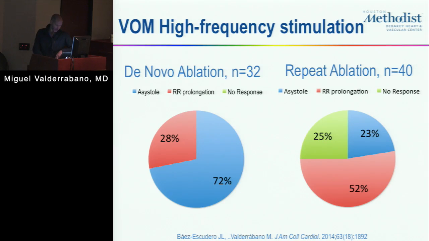So we had a similar response, less of a response in patients that had previous ablations. So patients that had previous ablations, only 75% had some kind of parasympathetic response. Whereas in de novo, all of them had either RR prolongation or asystole induced by high-frequency stimulation.